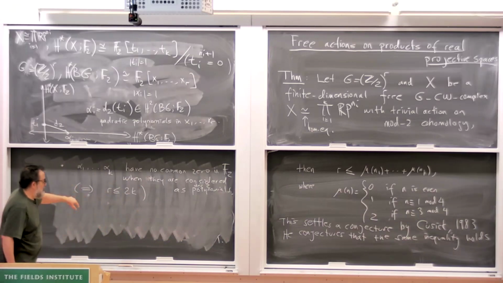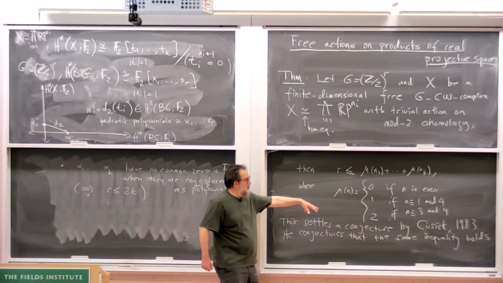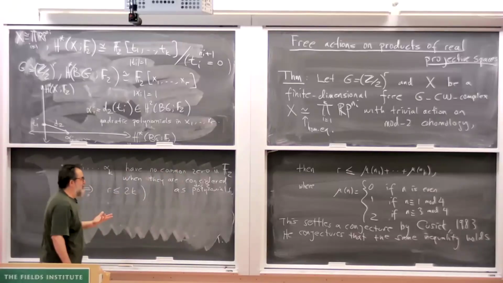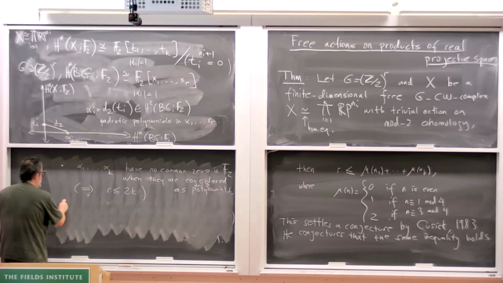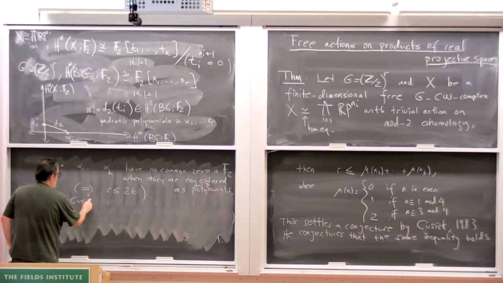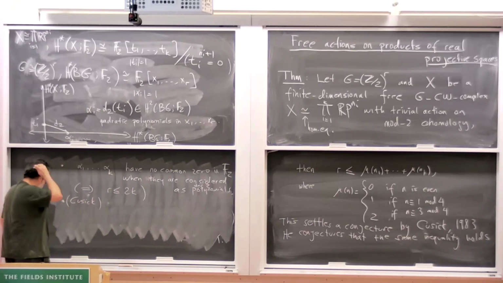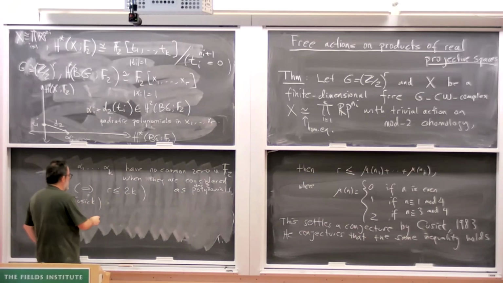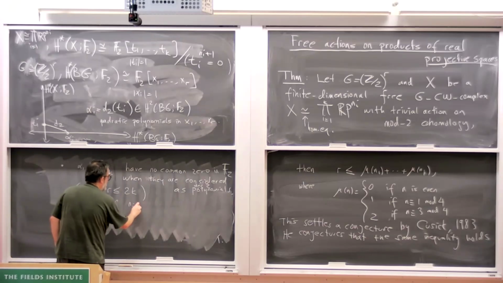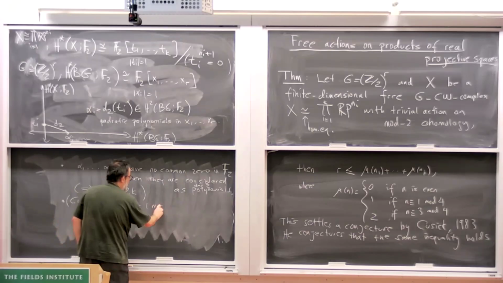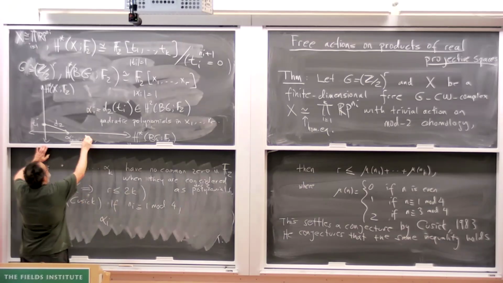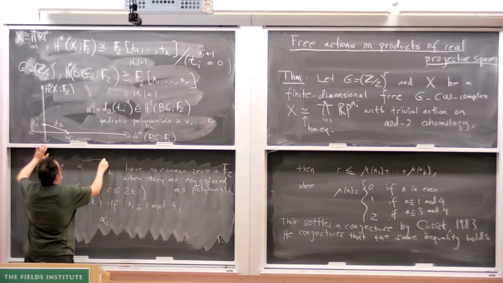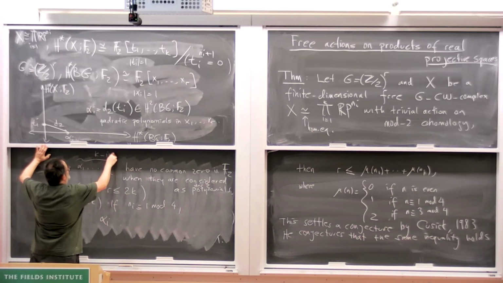But as you see, this doesn't see whether the dimensions are 1 mod 4 or not. It's a general result. So what Carlsson observed, this is Carlsson's observation, is that if the n_i are 1 mod 4, the associated, by the way, I call these k-invariants. So these are usually called the k-invariants of the action.